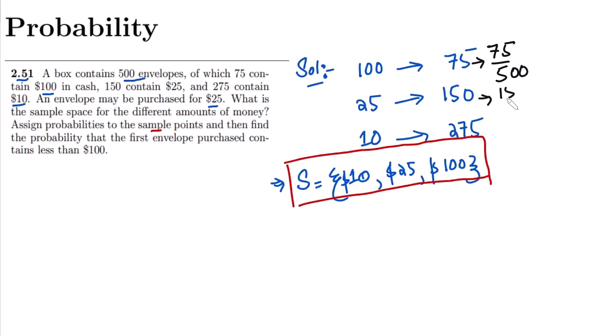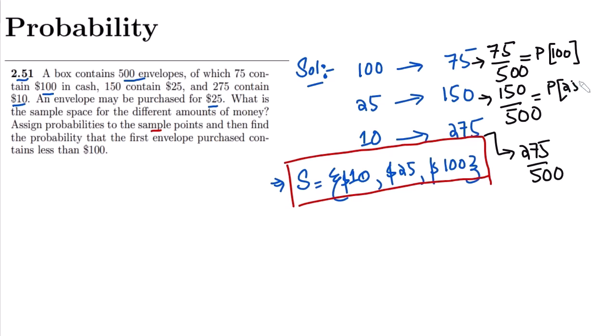Here it would be 150 divided by the total, that is 500, and for the last one it would be 275 divided by 500. So these are the probabilities associated with each of the envelopes. It would be for $100, for $25, and here for $10.